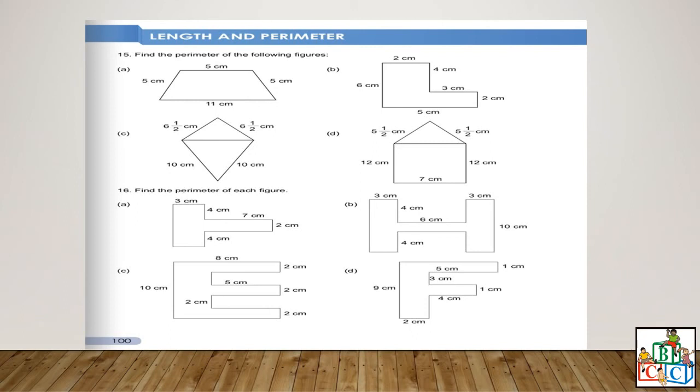For number 16, let us take a look. As you will be able to see, for number 16, you're not having all the numbers for each part. You have to find the missing numbers. 16 A, B, C and D. Let us see page 100, exercise 16B.